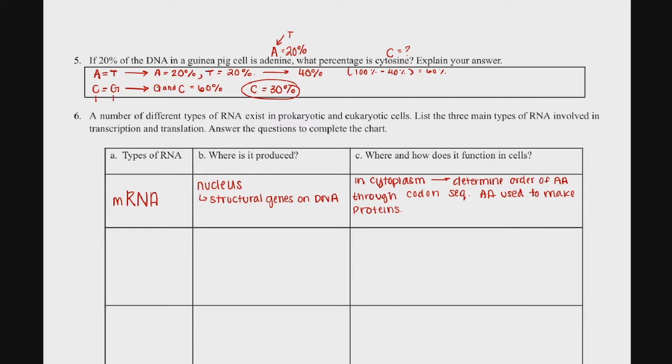And AA is just what I write for an abbreviation for amino acids. The next RNA is tRNA. And it's produced also in the nucleus by other genes that code for tRNA.